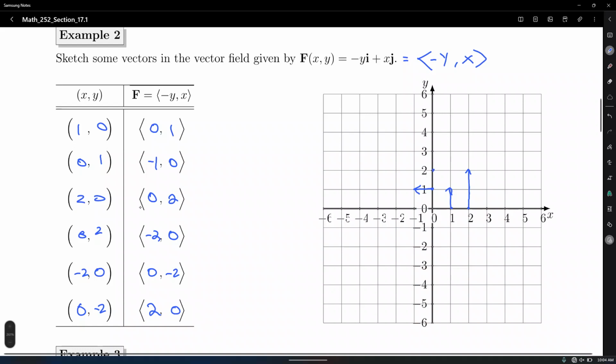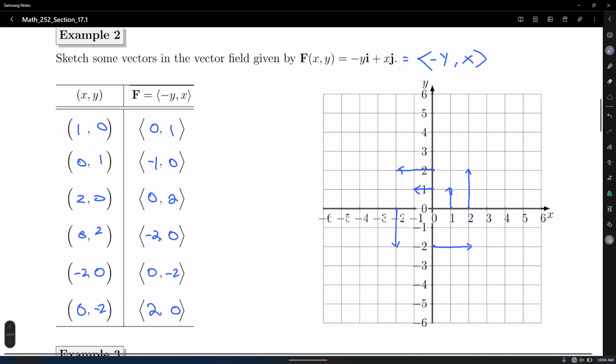That is the vector negative 2, 0. One more, or a couple more. At the point negative 2, 0, I'm going to have the vector 0, negative 2. At the point 0, negative 2, which is this one, I'm going to have the vector 2, 0.